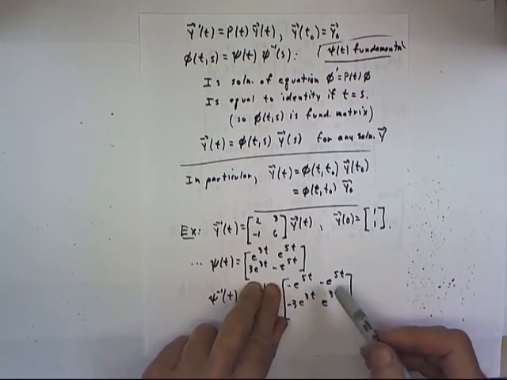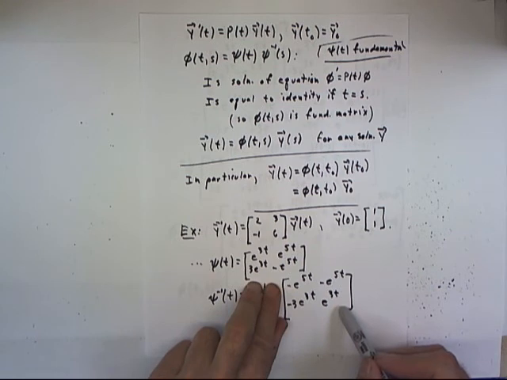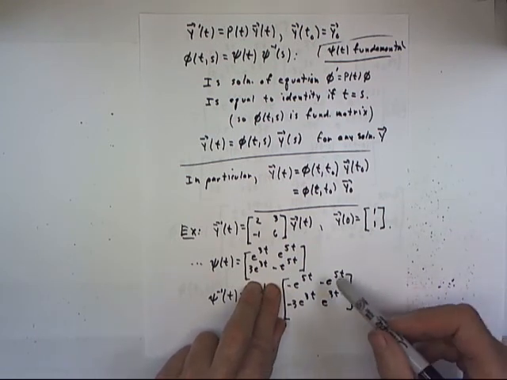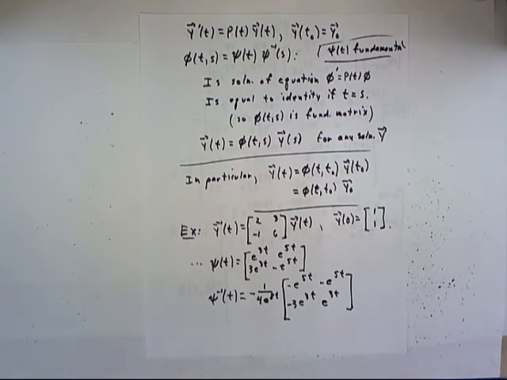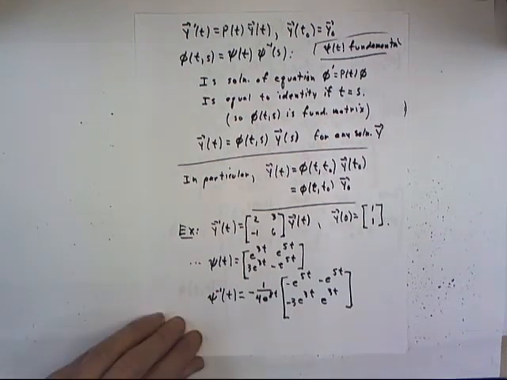So we have negative 4 e to the 8t on the diagonal and 0 off the diagonal. When we multiply by negative 1 over 4 e to the 8t, we get 1s on the diagonal and 0s off the diagonal, showing that these matrices are inverse to one another.